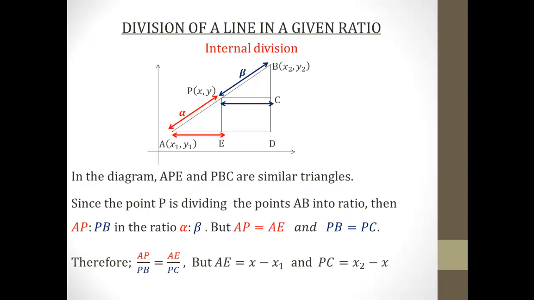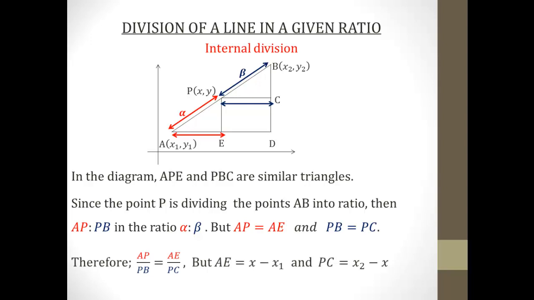Anytime you see a ratio written with 'is to', you can also write it as a fraction. So AP is to PB is the same as AP over PB. We also said AP equals AE, and PB equals PC.